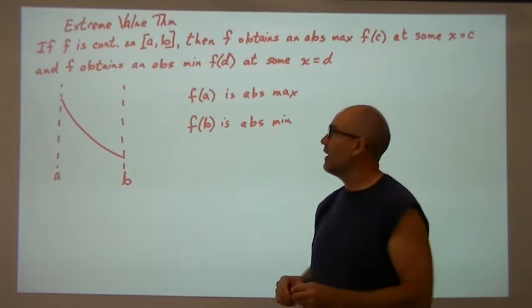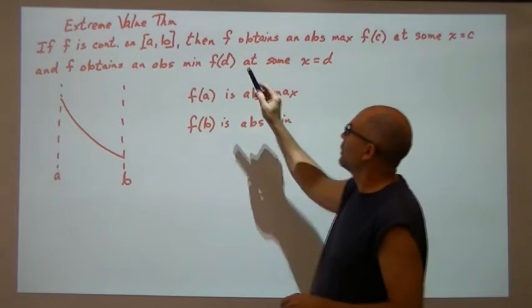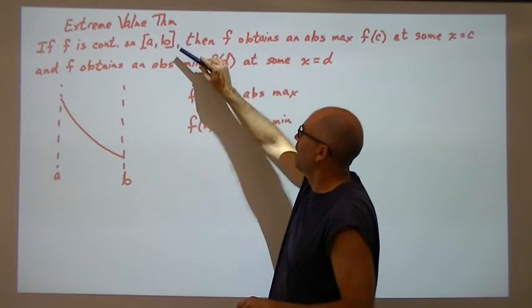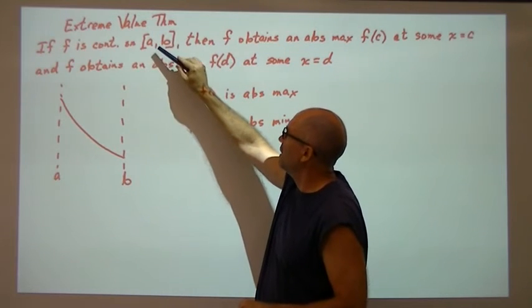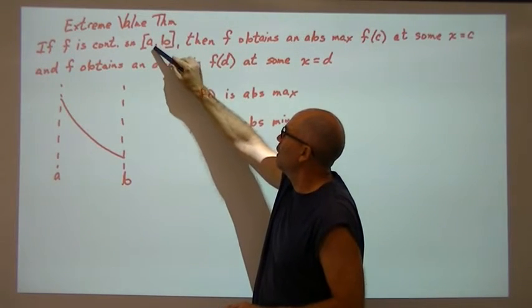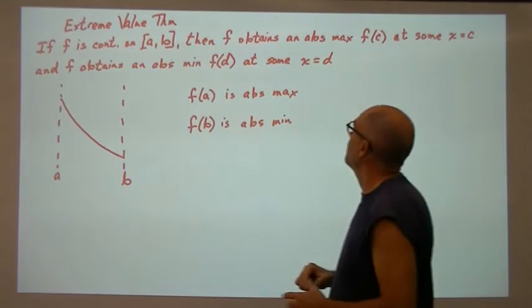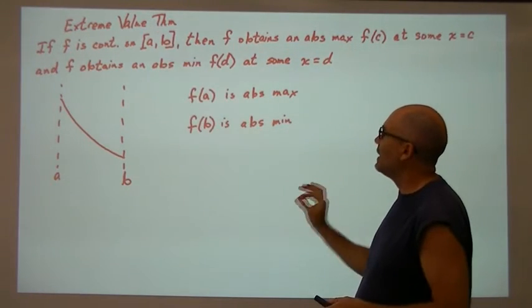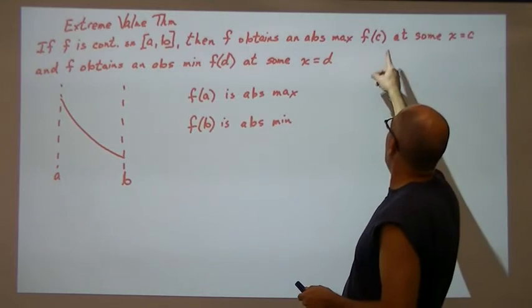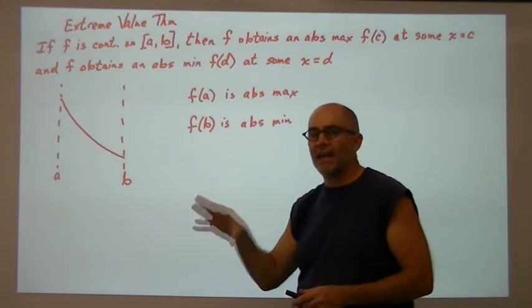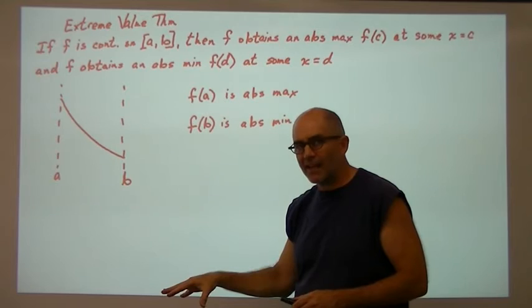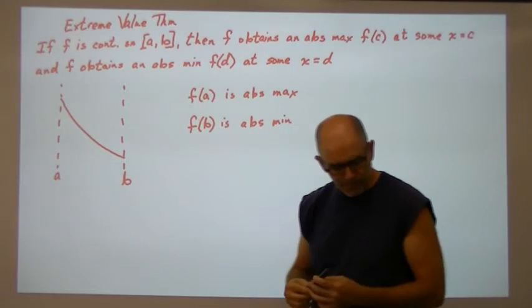Remember though that that is a requirement of the extreme value theorem, that a function has to be continuous on a closed interval, which means including A and including B. And if that is true, then that function will have an absolute max and an absolute min.